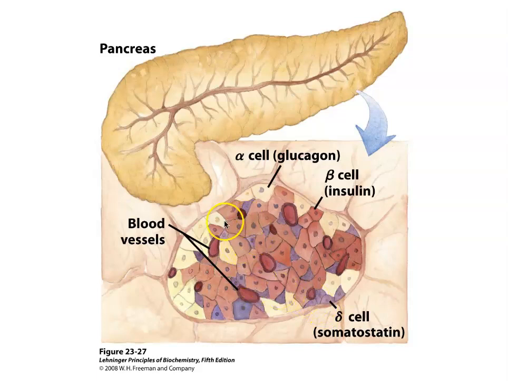And notice how well supplied with blood vessels the Langerhans islets are, because these cells have the function of secreting these hormones into the blood. That's the definition of a hormone in the endocrine system. And then with that, it gets disseminated everywhere in the body.